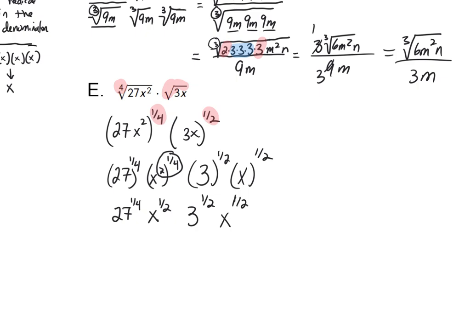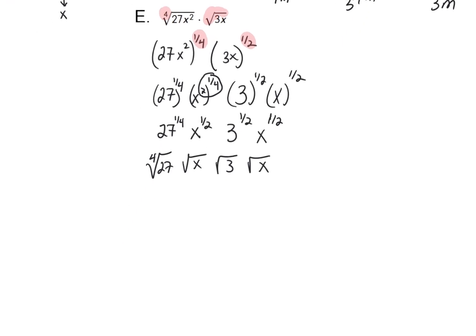So at this point, I have the 4th root of 27, square root of x, square root of 3, square root of x. Notice now I have 3 radicals that are the same, so I can combine them into 1 square root: 3x times x, or x squared.